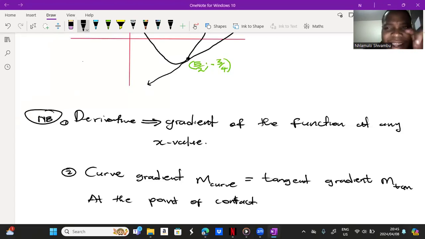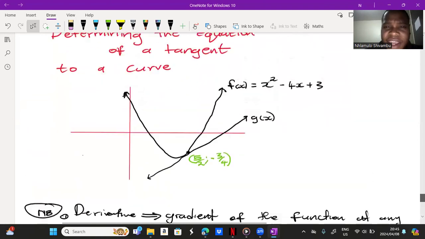These two functions have equal gradients because they meet at the x value which is 5/2. So we're going to use these two most important points to determine the equation of the tangent to the curve.